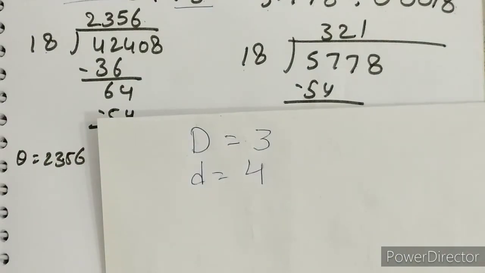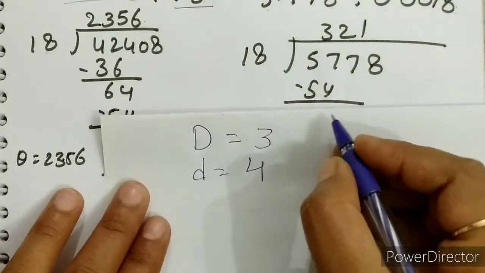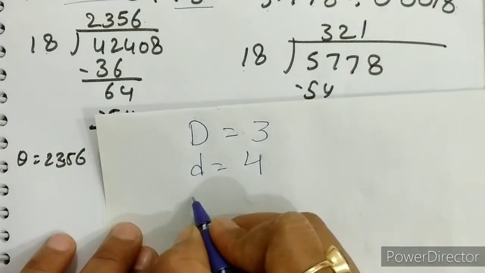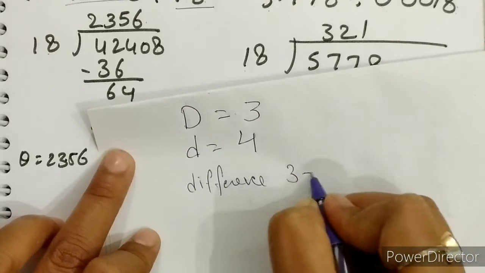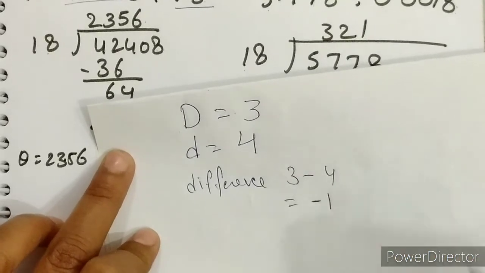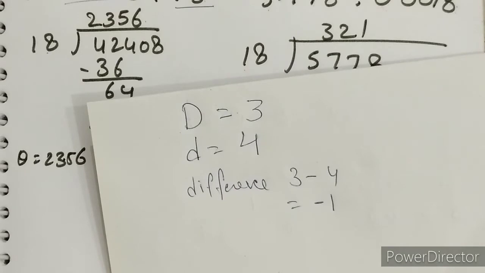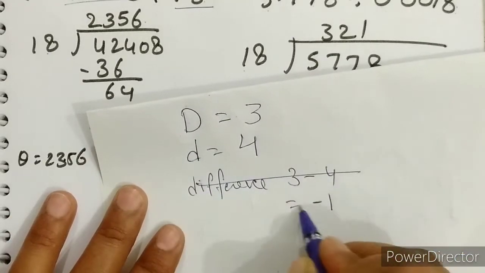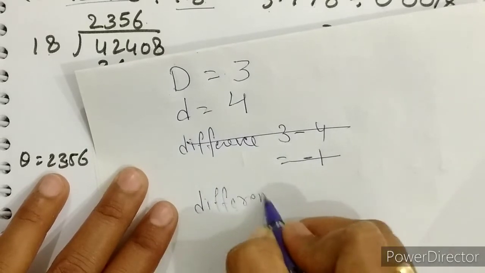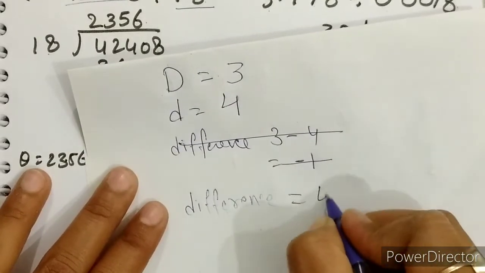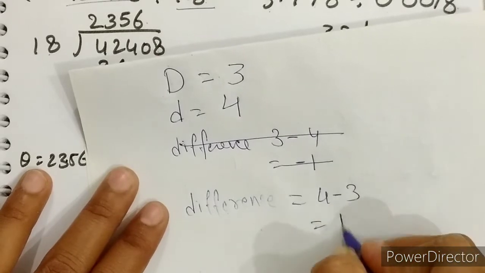If the number of numbers in divisor is greater than the number of numbers in dividend, in this case also find the difference. So 3 minus 4 is equal to minus 1. If you don't have the knowledge of negative numbers, then we simply don't do this. The difference is 4 minus 3, that is equal to 1.